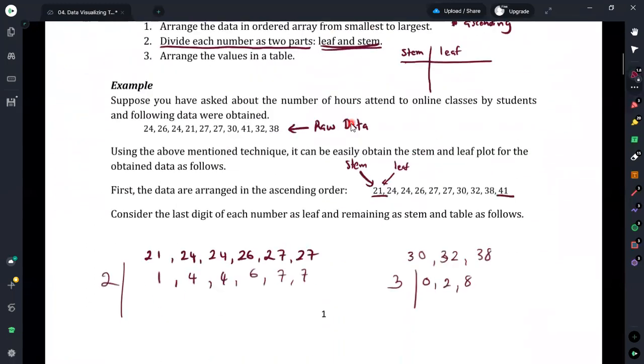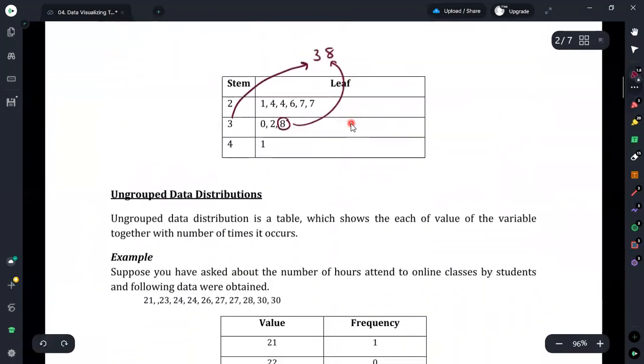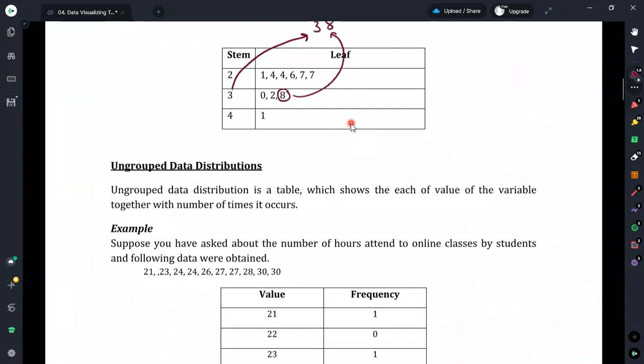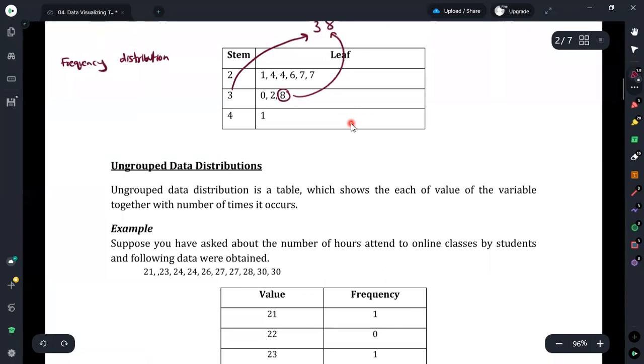When we discuss frequency distributions, we can divide them into two categories. The first one is the ungrouped data distributions, or frequency distributions, and then the grouped data distributions, or frequency distributions.